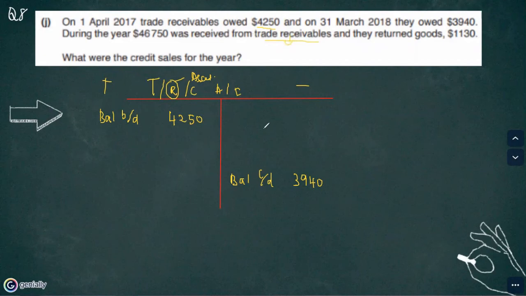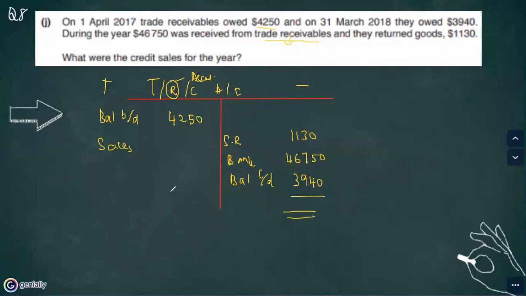So trade receivable decreases. So bank or cash, you can write either way. 46,750. Returned goods, so sales return would be 1,130. So what's your sales? Basically, you just have to add them up and find the missing figure.